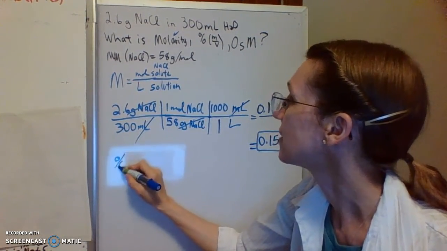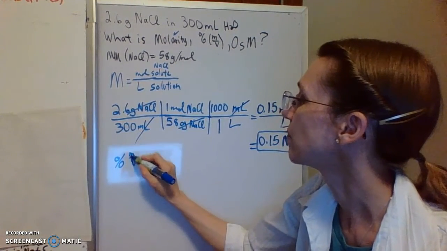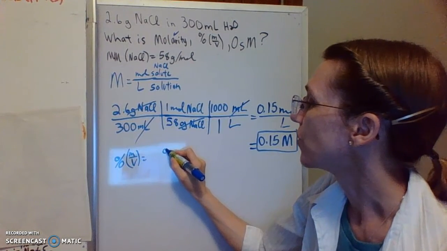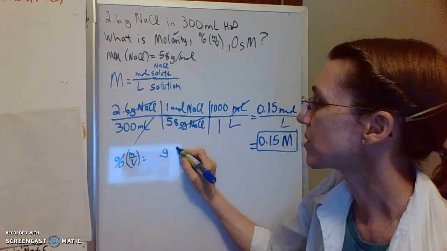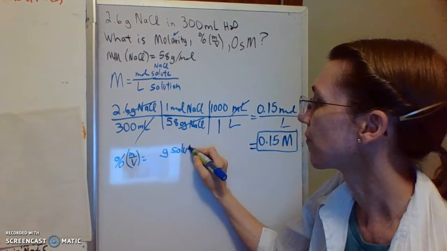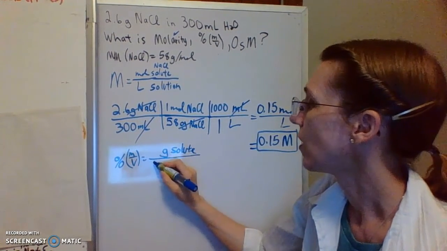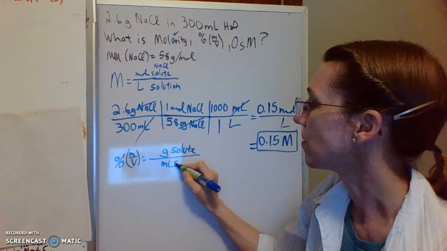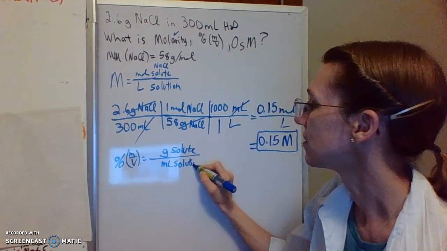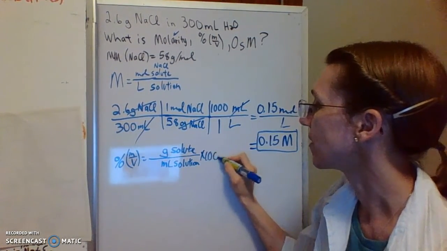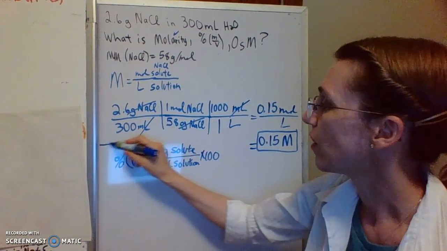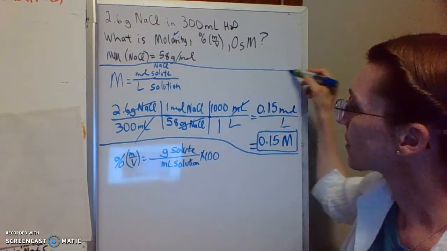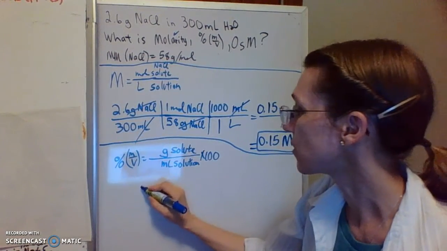Percent concentration, it's mass to volume. So we know that's going to be our grams, because mass is grams, of solute over volume in milliliters of solution times 100. That's how we find our percent mass to volume. Okay, so let's go ahead and put those numbers in.